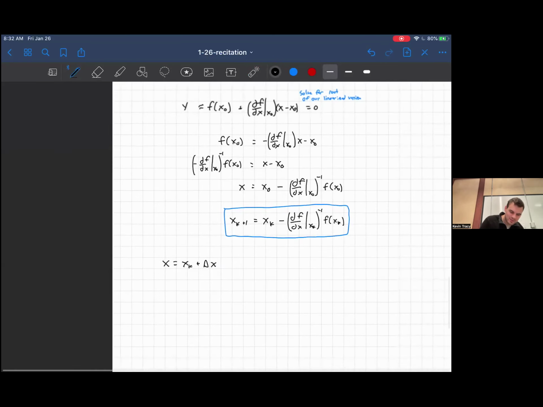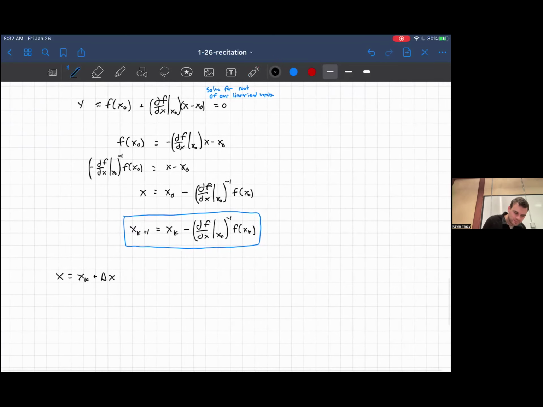Now, if I substitute this into our original equation, we get f of xk plus df/dx at xk times (x minus x0). This is what we're going to look at. This is xk. Okay.